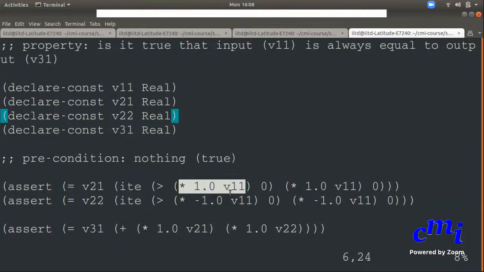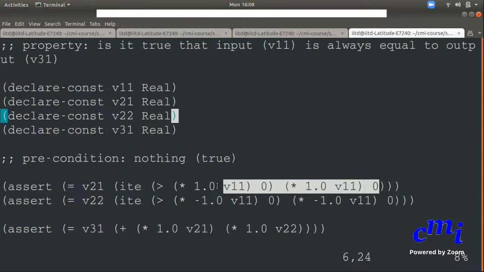If this is greater than 0, then you keep it. If it is not greater than 0, then you make it 0. This is an if-then-else expression, which you already know of. So this encodes the computation as well as the ReLU activation.